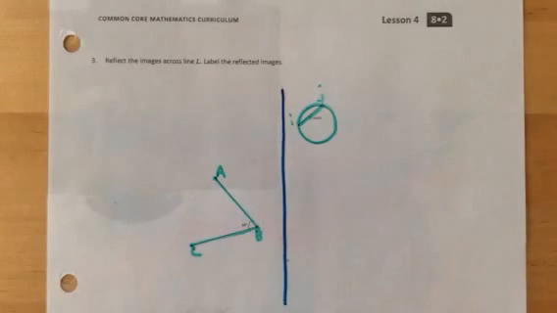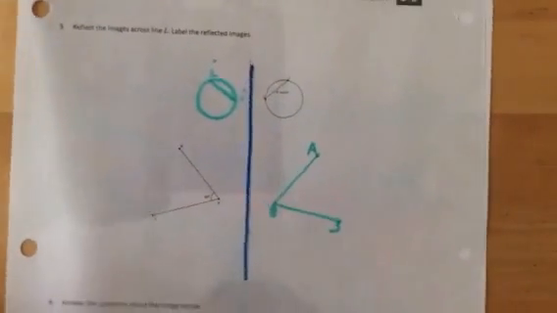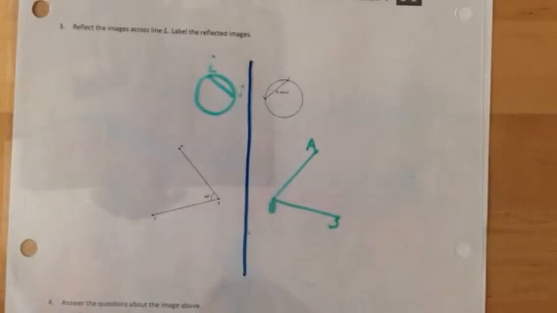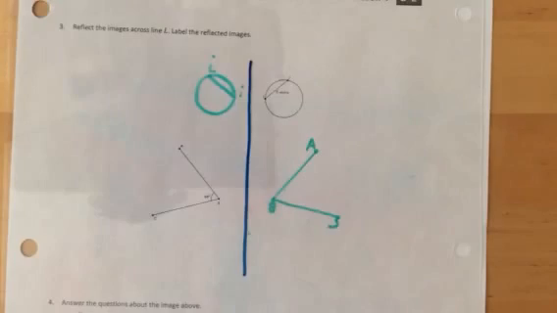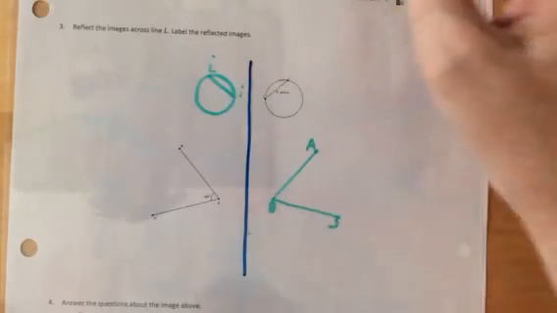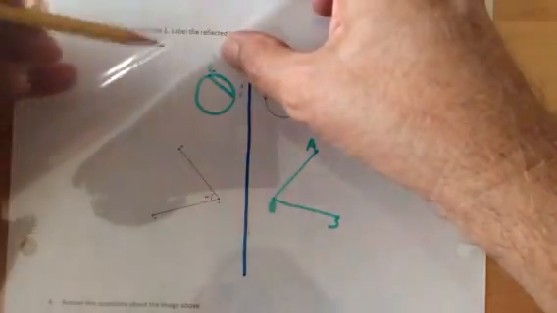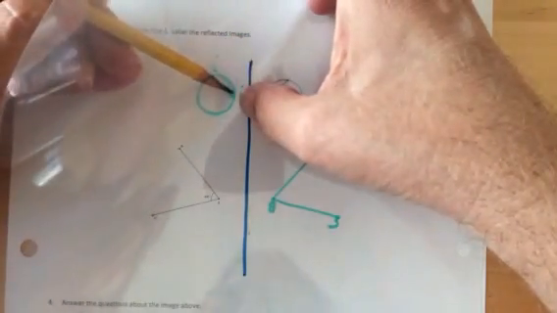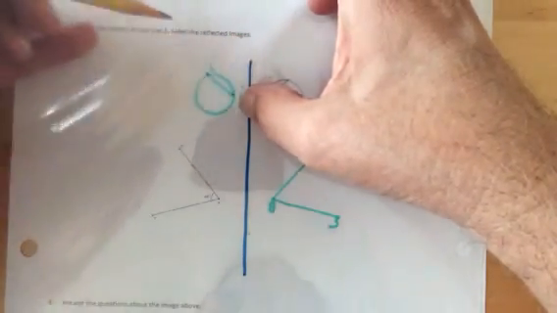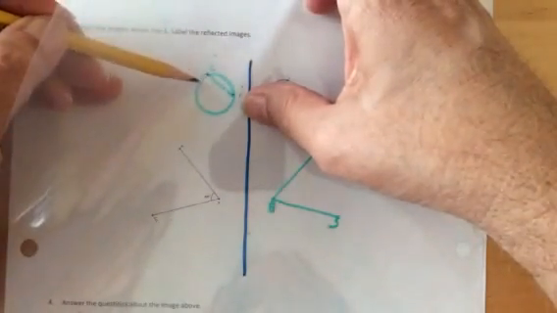Okay, so I'm ready to reflect these images. I'm going to match up my line of reflection here, right how I had it. And then the tricky part here is going to be marking it on my sheet. So I'm going to lift up my transparency and just make the marks where those points are. Try to trace out the circle a little bit here.